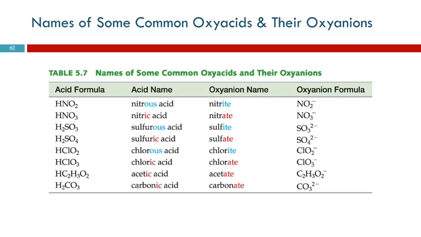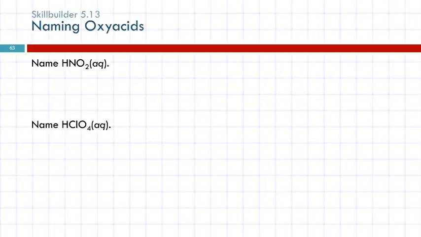So the prefix hydro means it's a binary acid, no oxygen in there. If it doesn't have hydro, then it's going to be an oxyacid. So let's name this one, HNO2. So what we need to do is identify the oxyanion and name that.